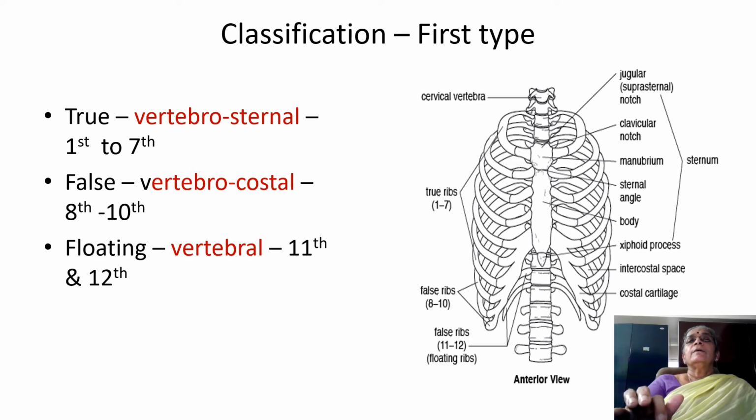So now we have understood the classification of the first type into true ribs and false ribs, which are again divided into two categories, vertebrochondral and vertebral ribs.